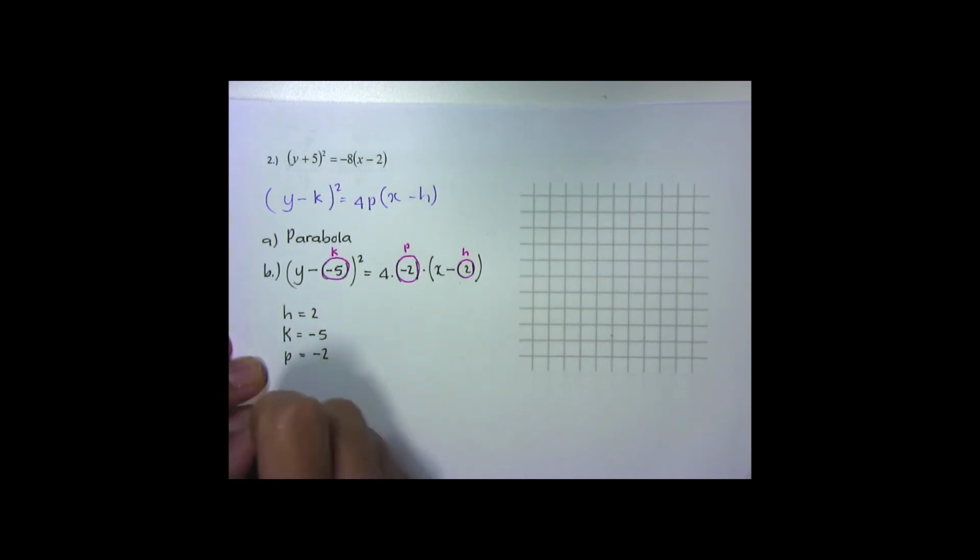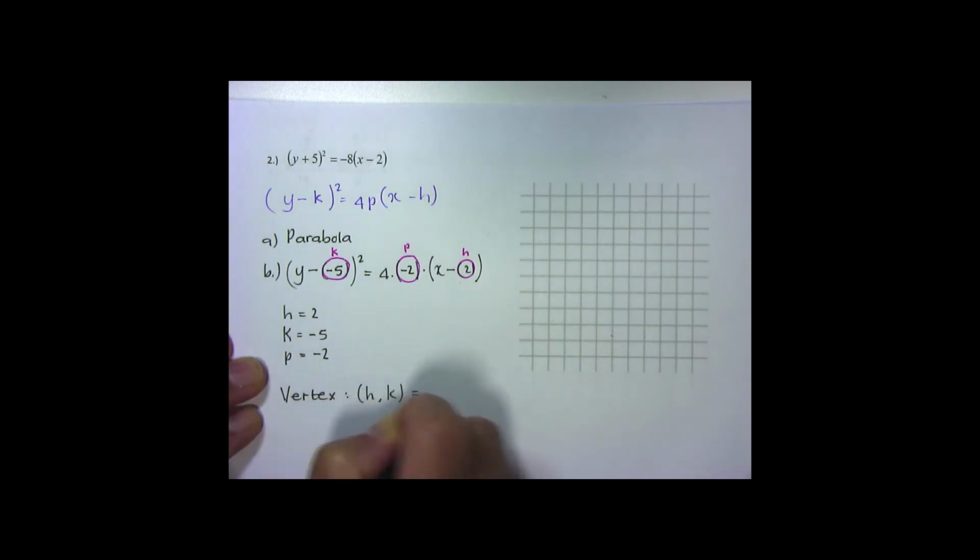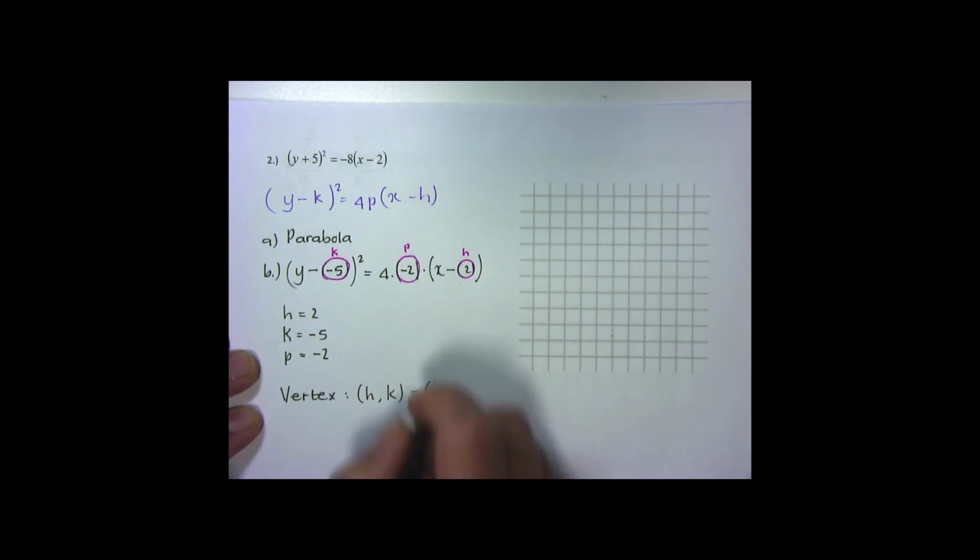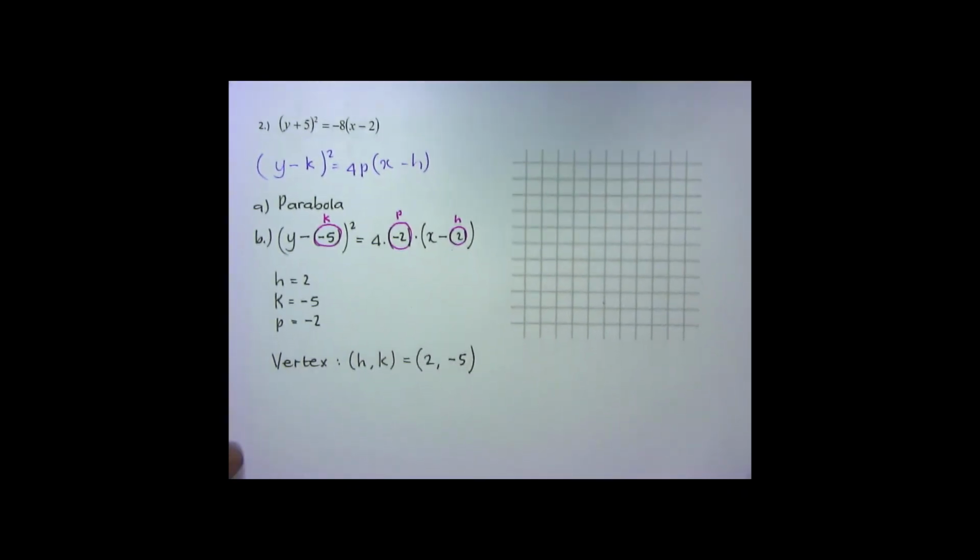All right, so the vertex. The vertex is the point h comma k, and in our case, it's going to be the point 2 comma negative 5. All right, the focus.